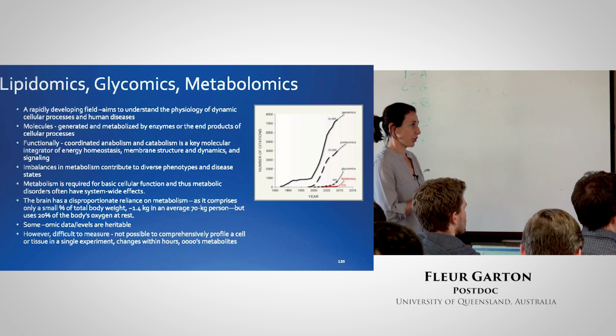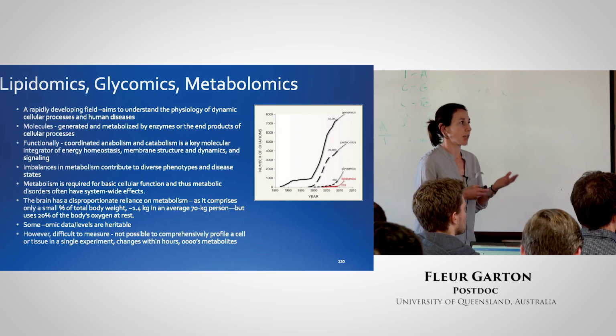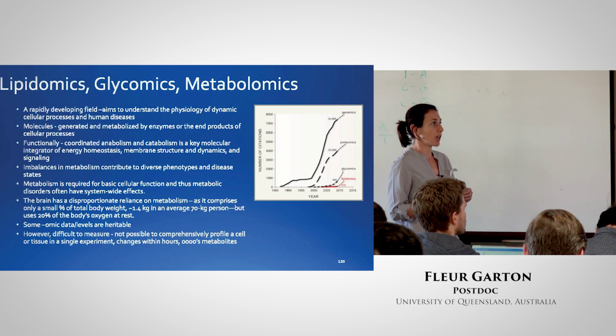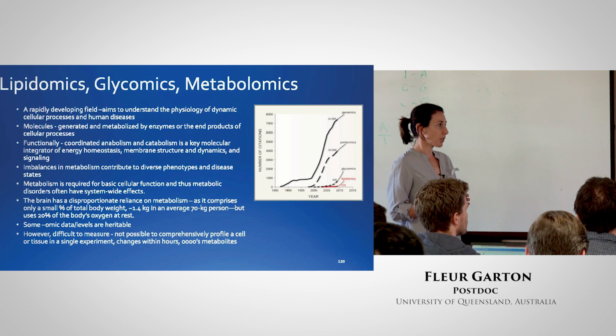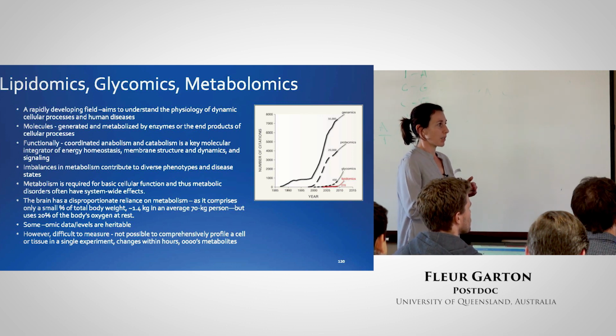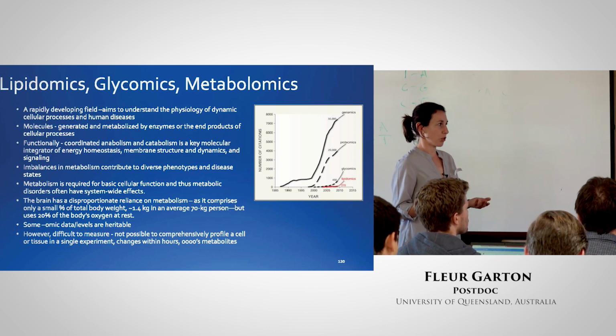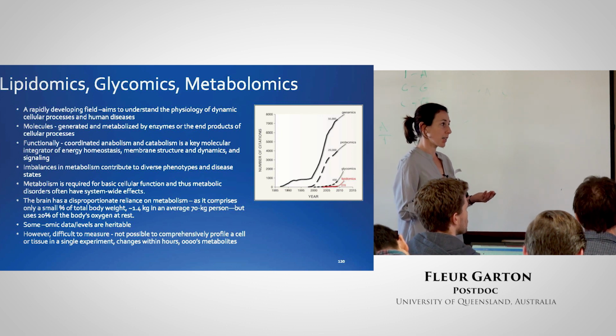So functionally they're of interest because coordinated anabolism and catabolism is a key molecular integrator of energy homeostasis, membrane structure and dynamics and signaling. And imbalances in metabolism can contribute to diverse phenotypes and disease states.